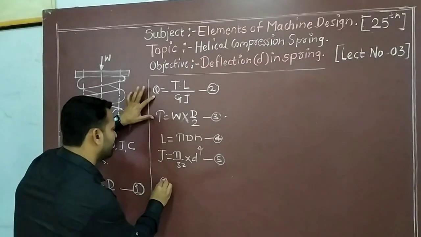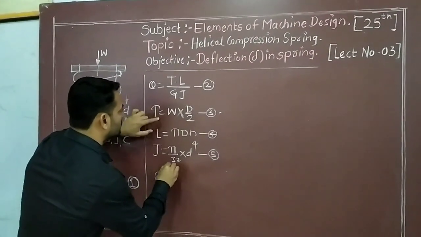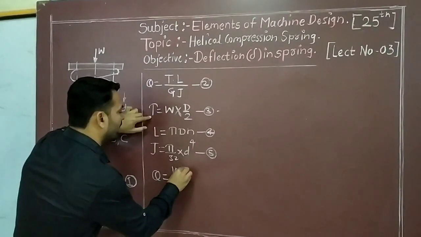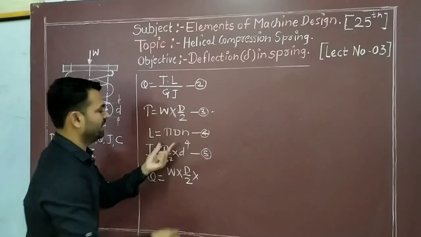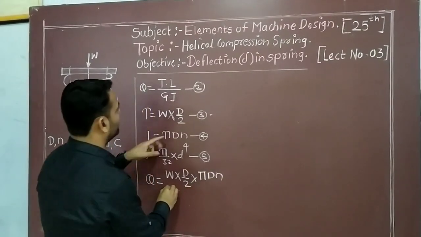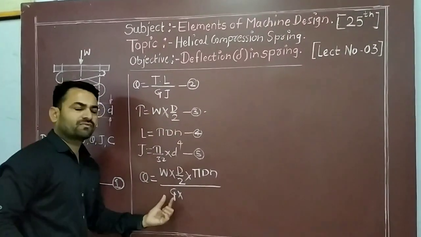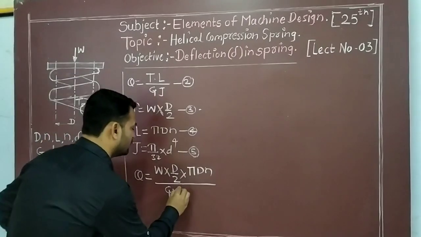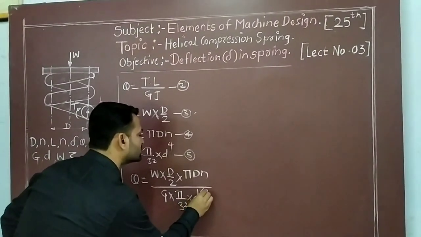So the value of theta will be equal to T, where T is W multiplied by D by 2. The length we have as pi D into N, divided by G as it is, which is the modulus of rigidity, and J is equal to pi by 32 multiplied by d raised to 4.